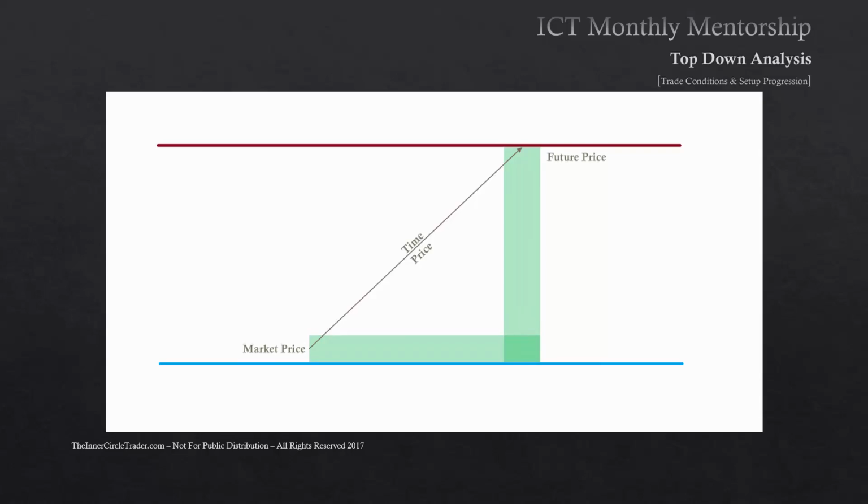In this example, we're going to be focusing on a buying opportunity when a market went to a deep discount on a monthly, weekly, and daily time frame, and how we would use that insight to get to a higher premium future price.